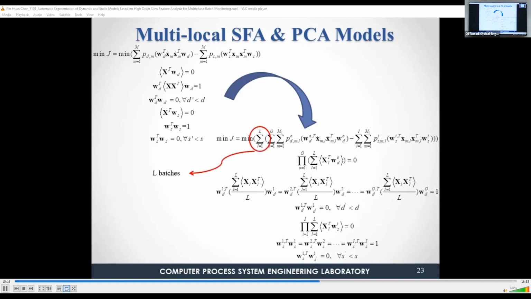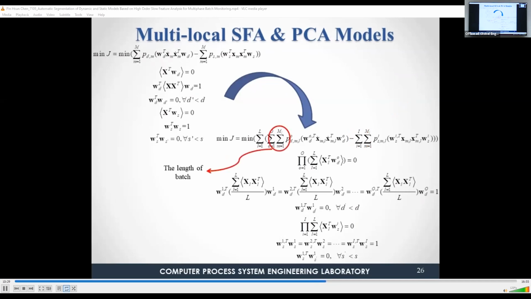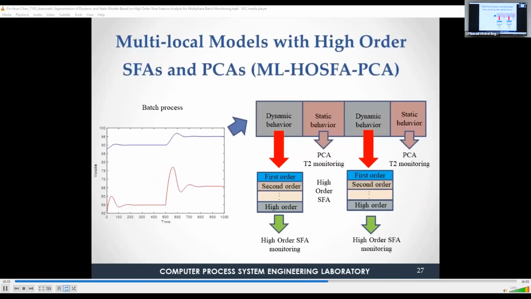This represents the batches, this represents all dynamic parts, this represents the i-th static parts, and finally, this represents the length of the batch. The above can divide the batch into dynamic and static parts, and then we will introduce the high-order SFA and its monitoring method in detail.